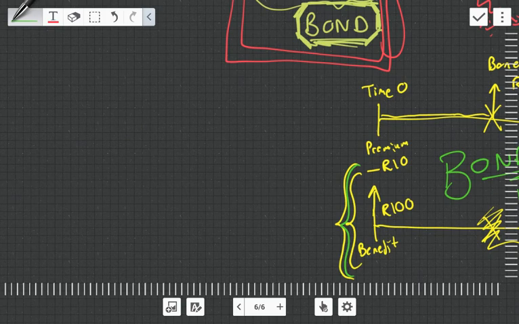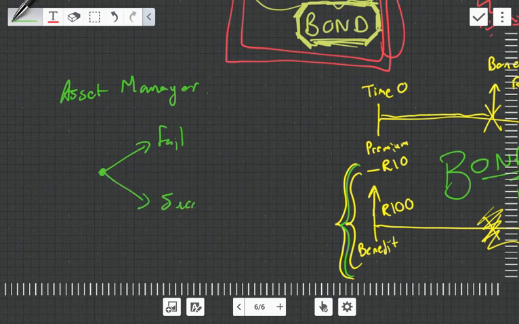And this comes down to the whole problem with asset managers, is that if they fail, their loss is limited, but if they succeed, their gains are unlimited. So losses are limited, gains are unlimited.